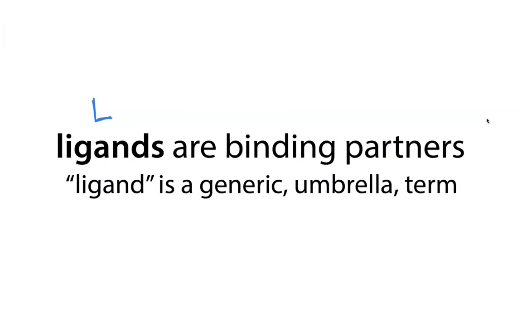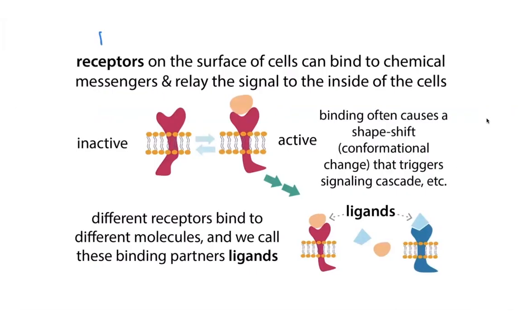You'll often see it used in concert with R, or with a receptor. Receptors are often going to be membrane-bound proteins, but not always, and they're going to bind to signaling molecules, and those signaling molecules would be their ligands, and then they're able to transmit the signal.